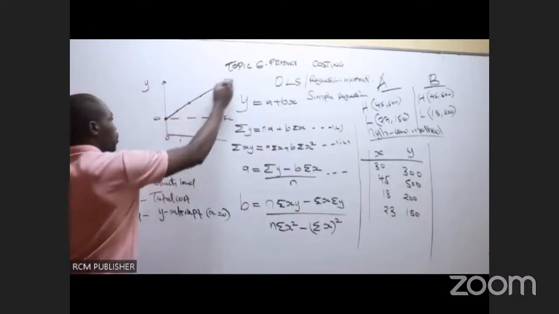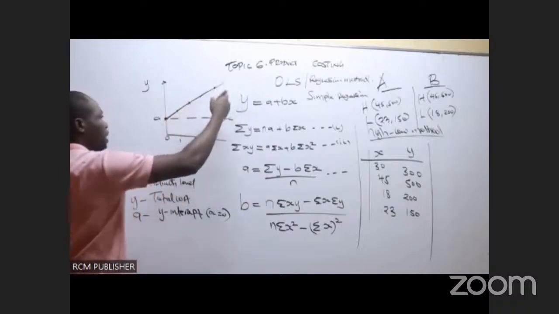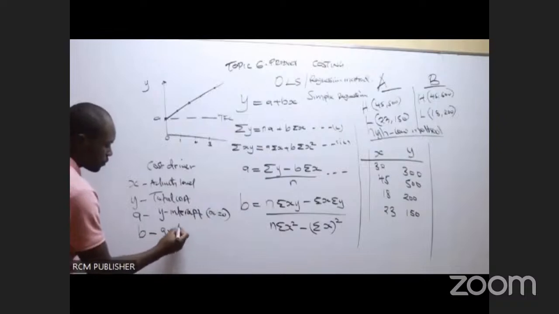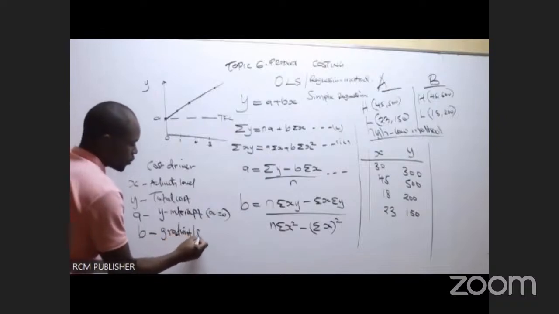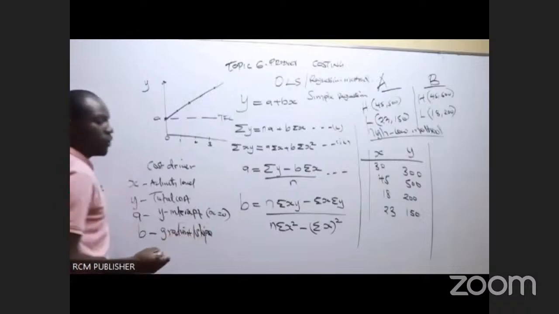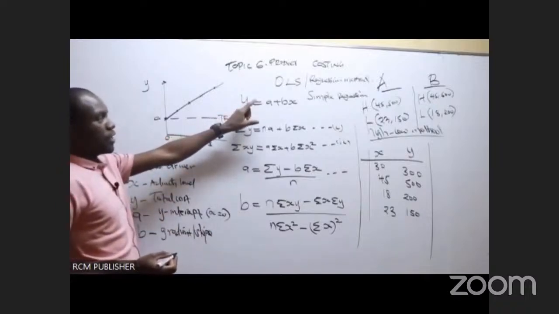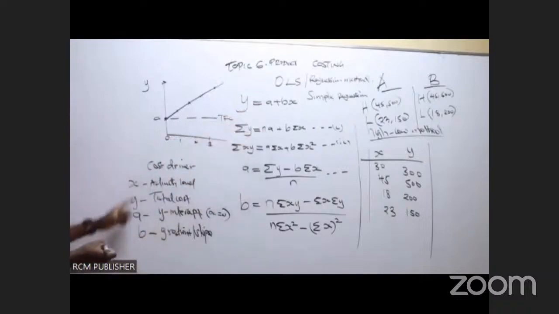So from this point going forward, you are going to have the variable component, which we call B. And this B is the gradient, or slope, of the curve. Remember, we are tackling this concept, cost estimation, but now using the graphical method. So these are some of the terms that you need to understand.